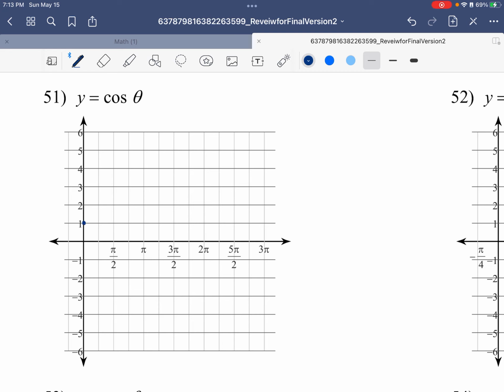So in this case, since there is no, what's it called? Oh, there's no amplitude.